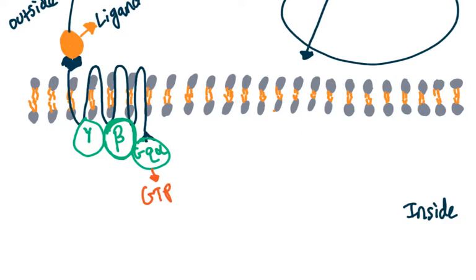That extra phosphate gives this GQ alpha protein some energy to leave this party with the beta and gamma subunits and travel to a nearby enzyme. Let's draw that. It's going to dissociate. It's going to leave the party, like, I'm out of here, I've had enough.